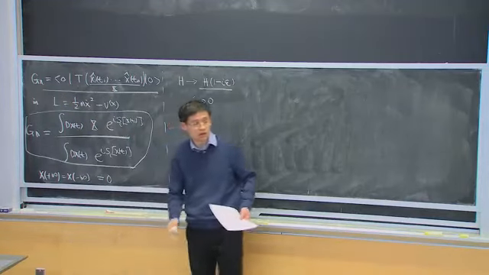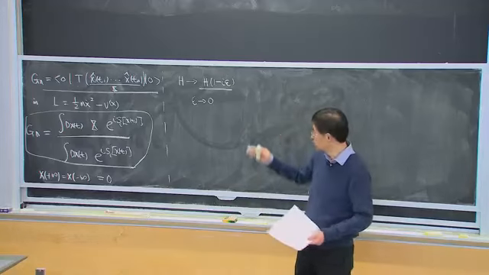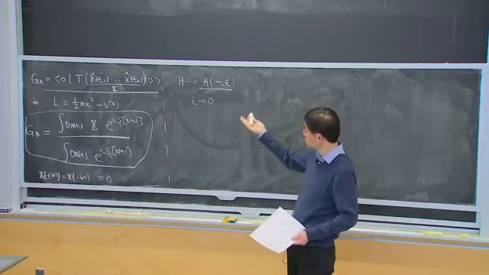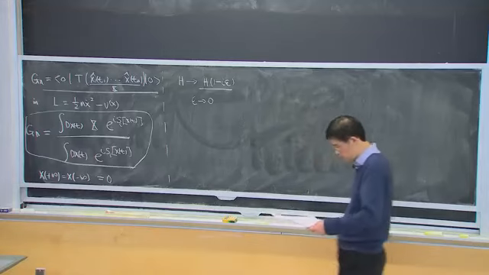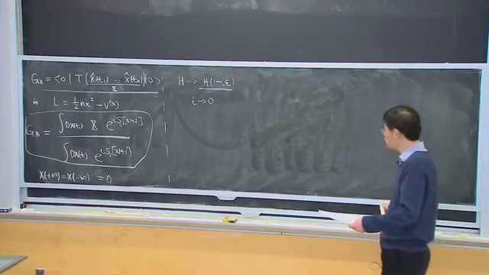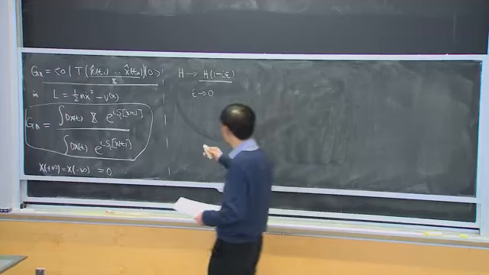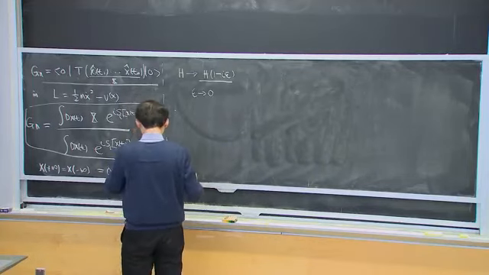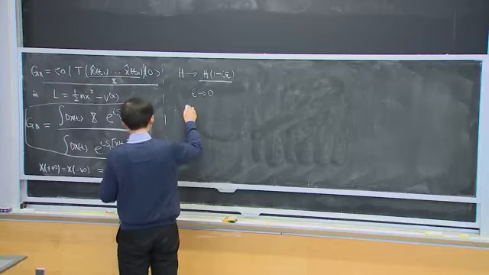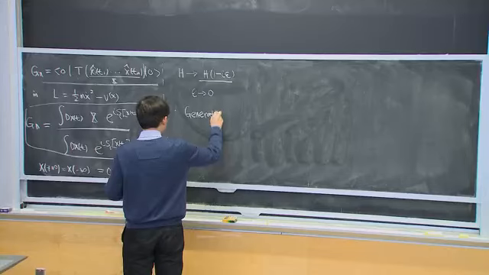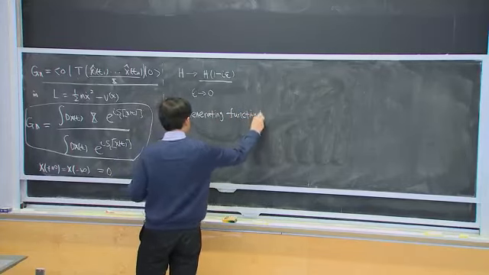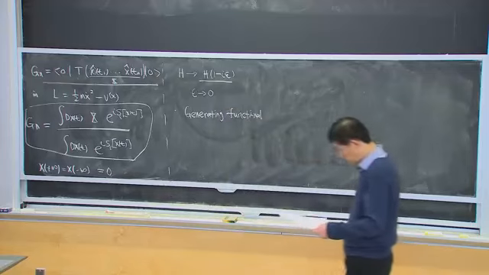Sometimes we are interested in n equal to 2, sometimes n equal to 3, 4, etc. There's a nice trick to do this in general, which is to use this technique called generating functional, which we started talking about at the end of last lecture.